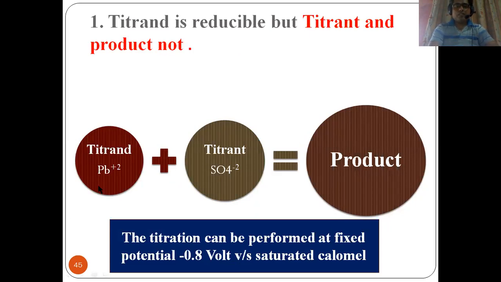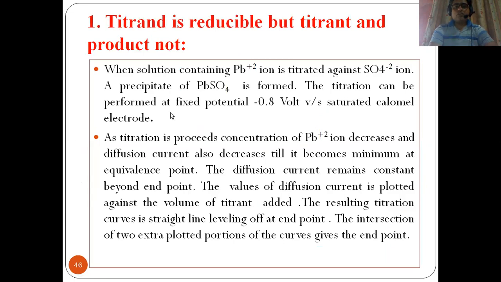Consider the lead 2 plus ion, which is reducible, but sulfate, that is the titrant, and the product are not reducible. What happens in that case? When a solution containing lead 2 plus ion is titrated against sulfate ion, a precipitate of lead sulfate is formed.